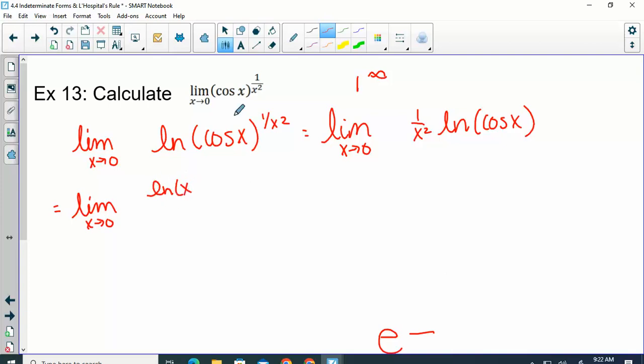Just x squared, because if you multiply 1 over x squared times natural log, it creates a fraction. Okay. Cosine of 0 is 1, natural log of 1 is 0 over 0 squared. So now it's 0 over 0, so now we do L'Hopital.